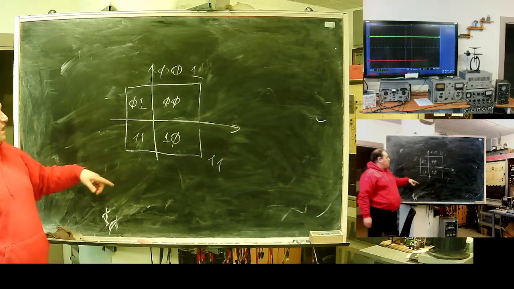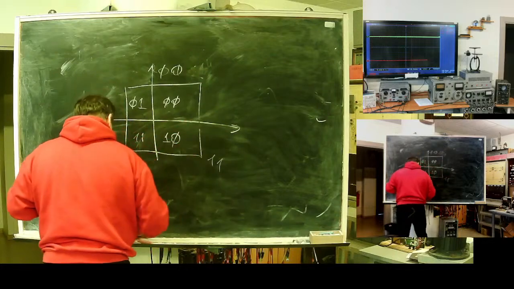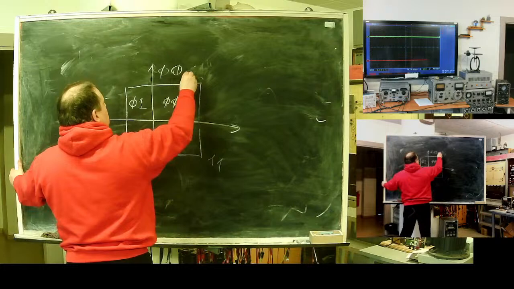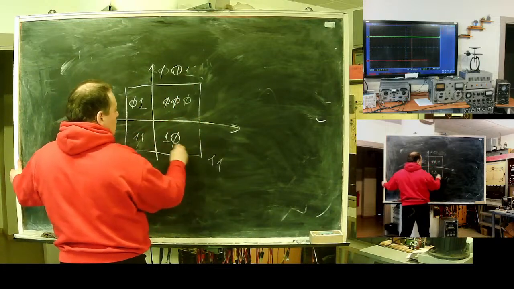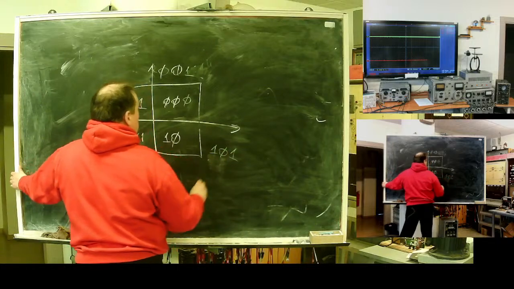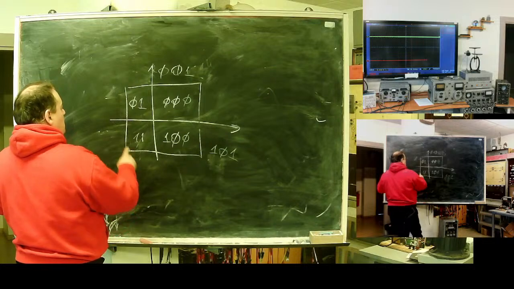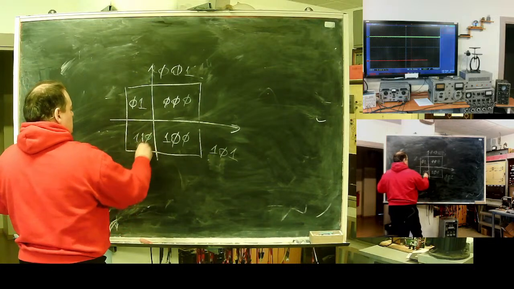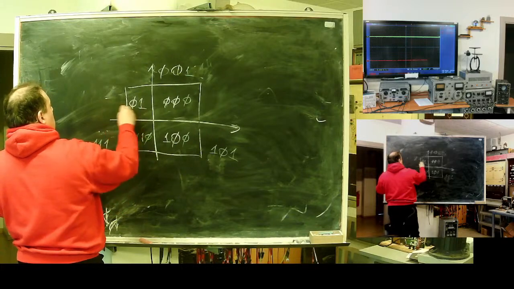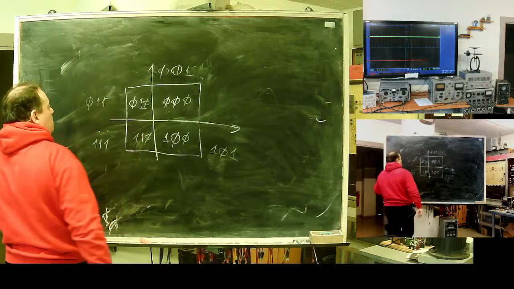Now if you add amplitude, you will have one more bit. I mean, draw it. 0 0, this will be 0 0 0, 0 0 1, 1 0 1 0. So here is 0, here is 1. Here 1 1 0, 1 1 1, and 0 0 1 1.